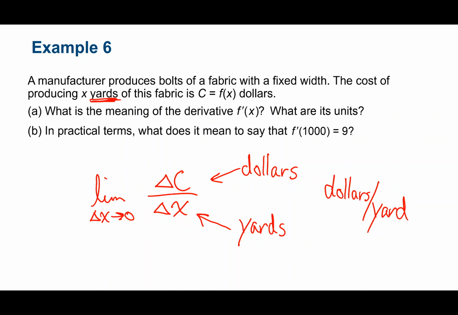So what's our interpretation on that? We're talking about how the cost of production changes based on how many yards of fabric we're producing. I don't have a good name for that, okay, but that's what the function is.